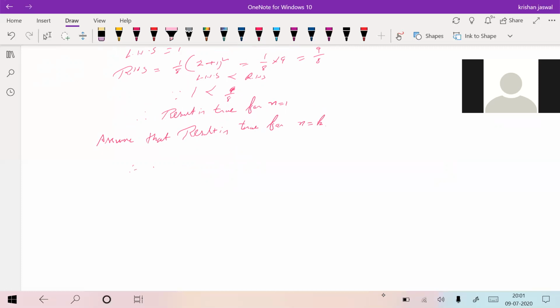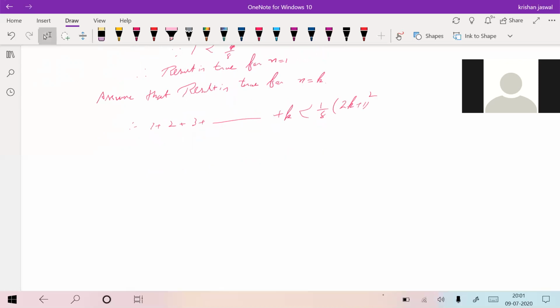Therefore, 1 plus 2 plus 3 and so on up to k is less than 1 over 8 into (2k plus 1) whole square. Now what will we add to both sides? Add k plus 1 to both sides.